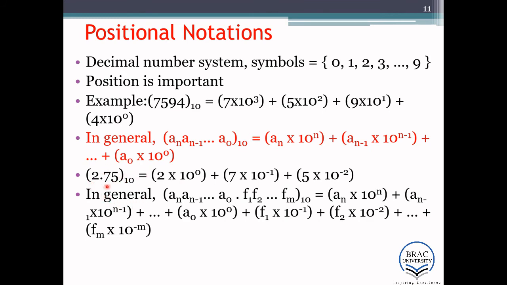For the part before the point it starts from 2 into 10 to the power 0, but for 0.75 it starts from this side: 7 into 10 to the power minus 1, 5 into 10 to the power minus 2. If there is one more digit, maybe 1, then it will be 1 into 10 to the power minus 3, something like that, right? So this is the general representation.